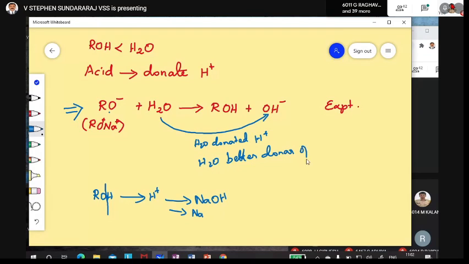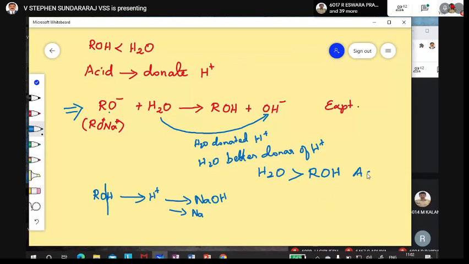That is why it gives H plus, an unionized alcohol molecule is formed, and OH minus is existing. Better donor means water is a stronger acid than ROH. Remember that. This is acid strength.